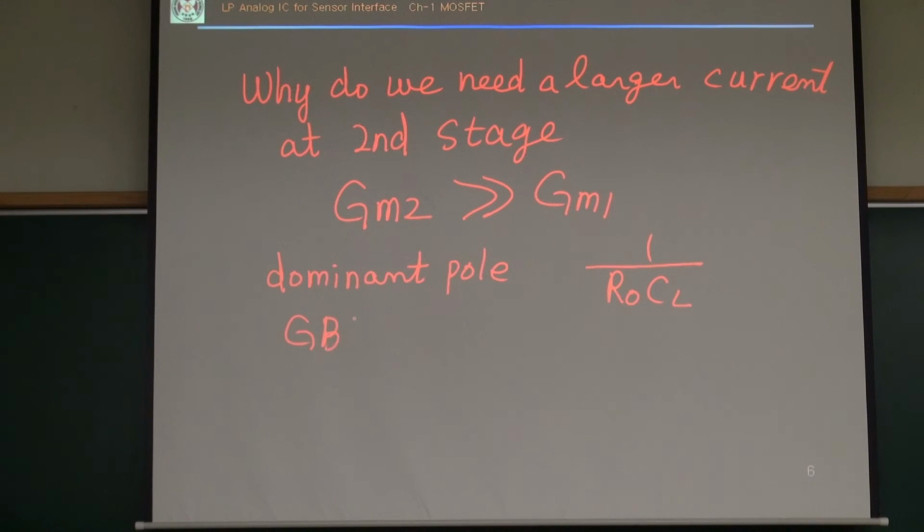The gain bandwidth product is GM1 over CC or something, where CC is a frequency compensation capacitor.